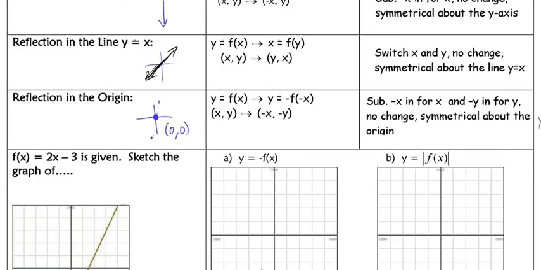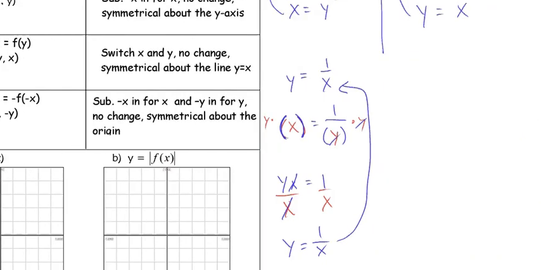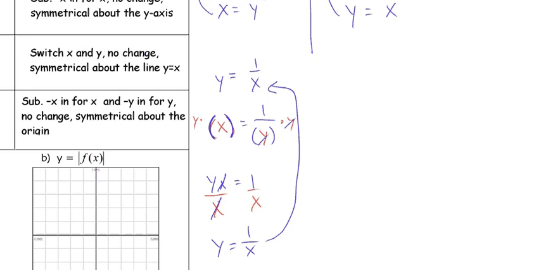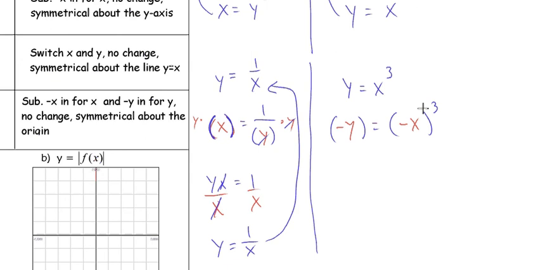So the test for symmetry for the origin is that you're going to plug in negative x in for x and negative y in for y. So if we started with y equals x cubed, let's plug in negative y and negative x.